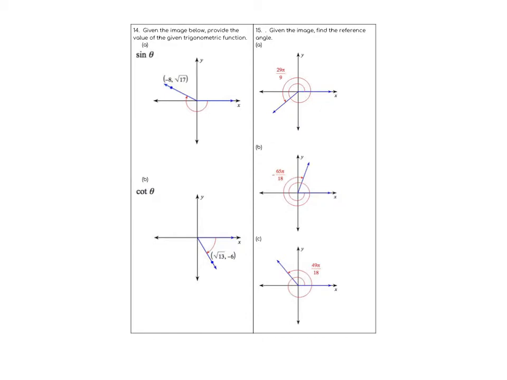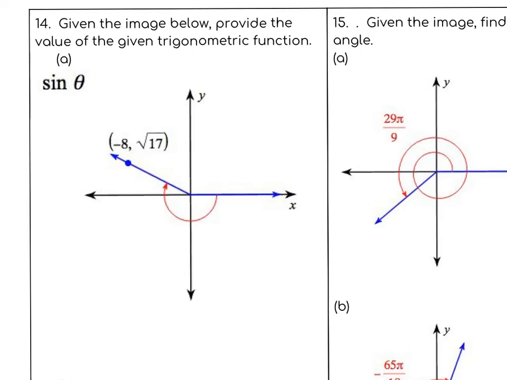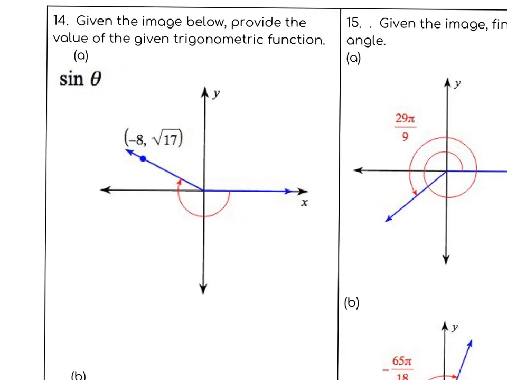All right, number 14, we've got to find the value of the trig function given the stuff that we have. So I've got negative 8 comma square root of 17. Let's angle that up and make this a triangle by drawing to the x-axis. We have to use the x-axis. So we got negative 8 and square root of 17. For sine, I need the opposite divided by the hypotenuse, because that's the angle I'm looking at.